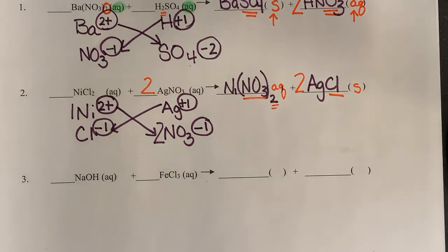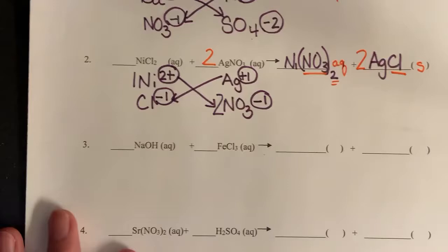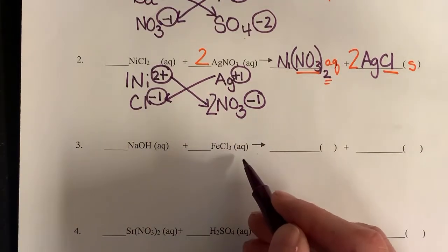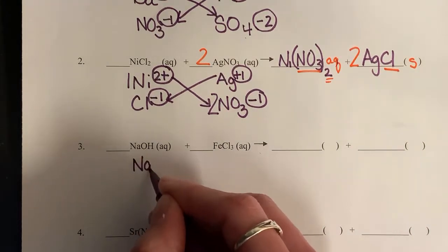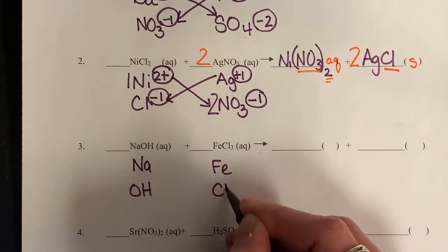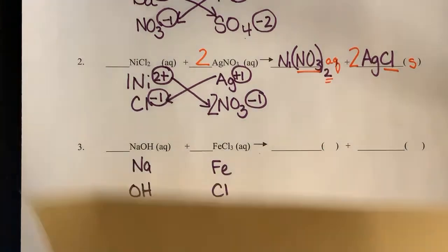Okay. Now, I want to look at one last one really quick. Down here, NaOH and FeCl3. If we break them up, Cl is the same as Ni was.